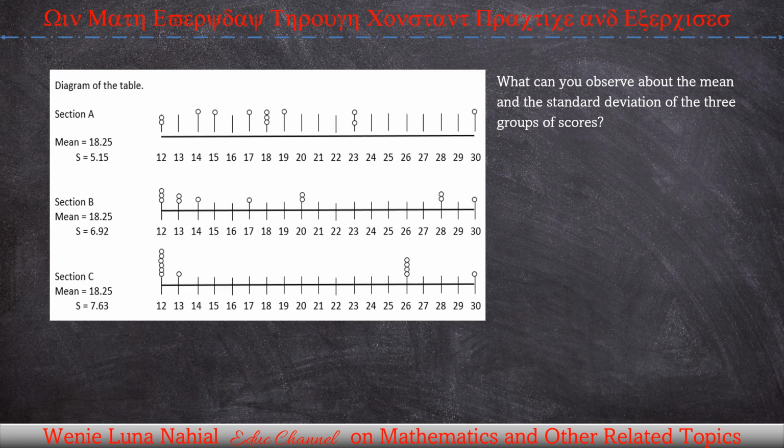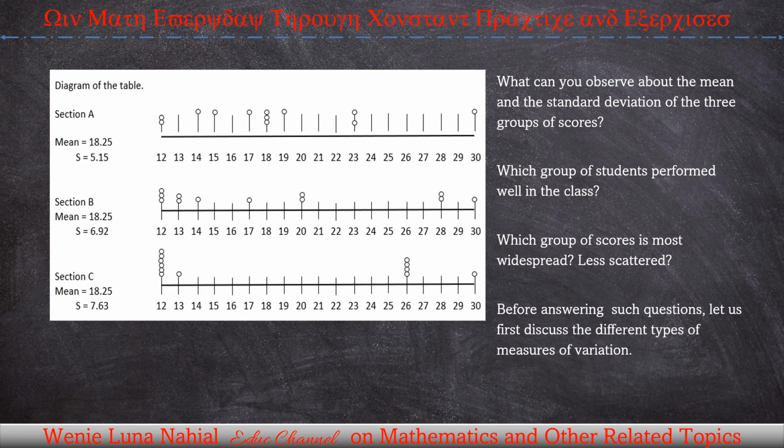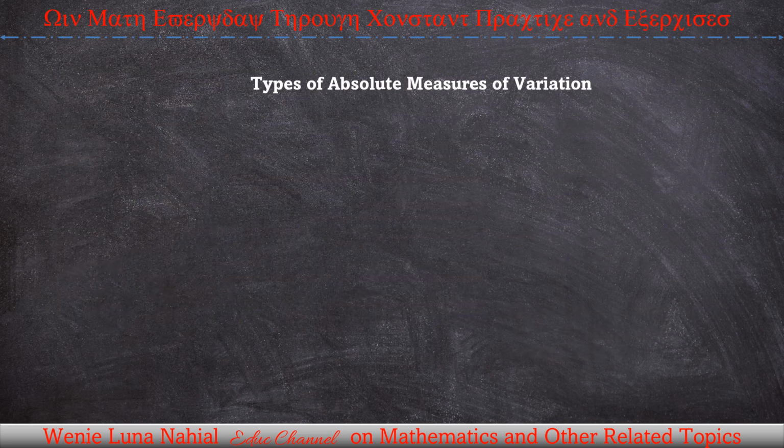What can you observe about the mean and the standard deviation of the three groups of scores? Which group of students performs well in the class? Which group of scores is most widespread, less scattered? And before answering such questions, let us first discuss the different types of measures of variation.